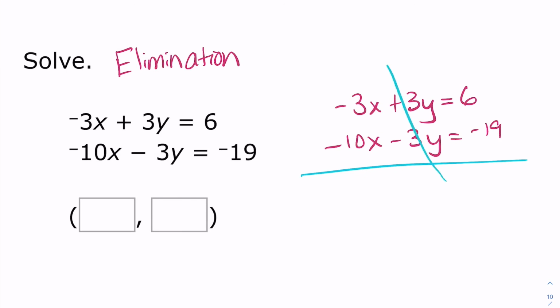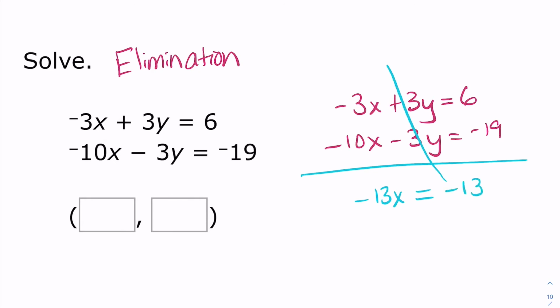Well, it's 0. So I can write 0 here, but I actually don't need it because it's implied that it's 0. So that goes away. When I add negative 10 and negative 3, I get negative 13x. And when I do 6 minus 19, I get negative 13.